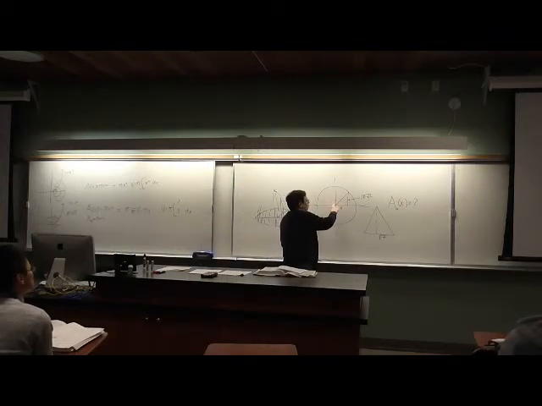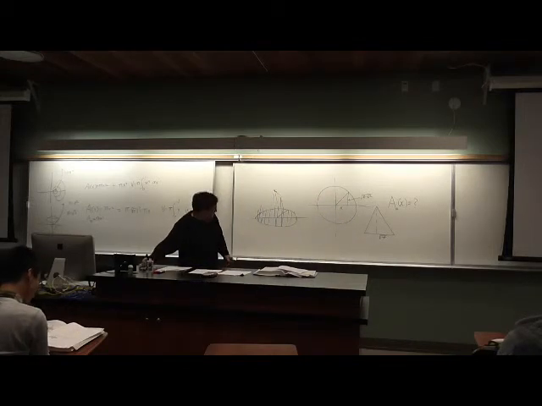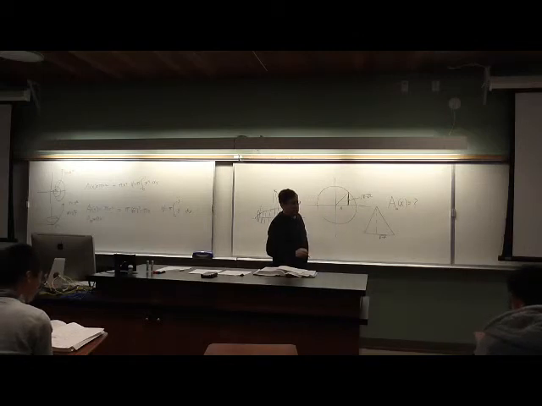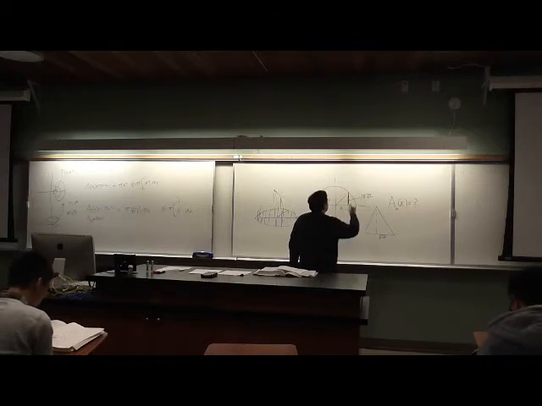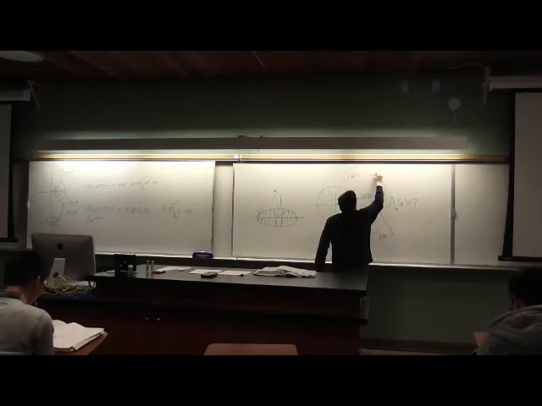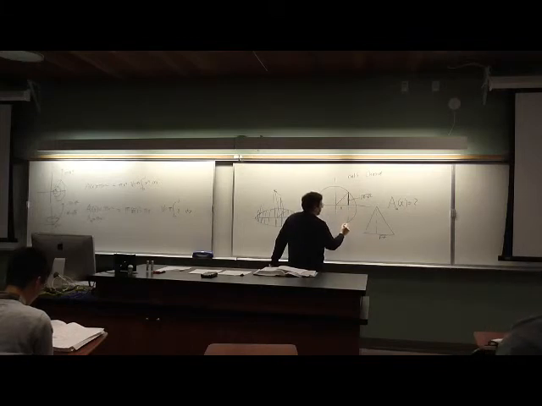Since the radius is 1, if you look at this half chord, a chord is a line from one point on a circle to another.